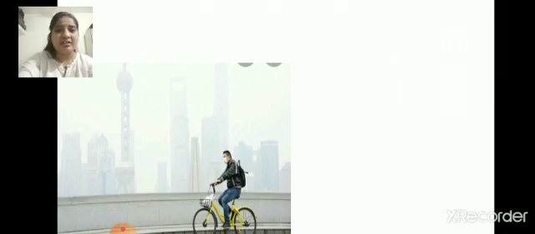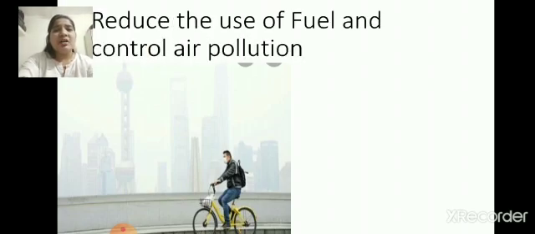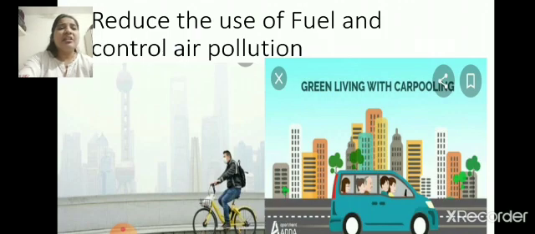See the picture. In this picture, you will understand that a man is riding a bicycle. In the next picture, children, green living with carpooling. It reduces the use of fuel and controls air pollution.